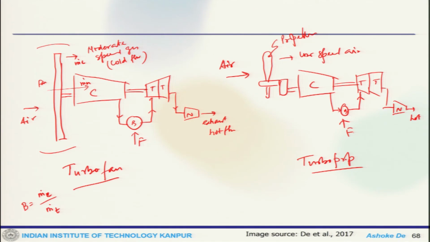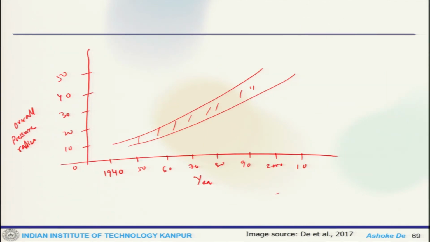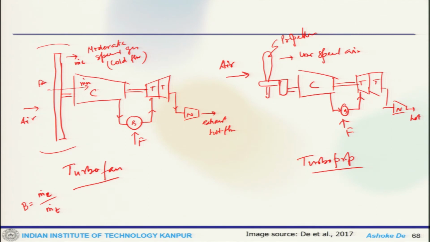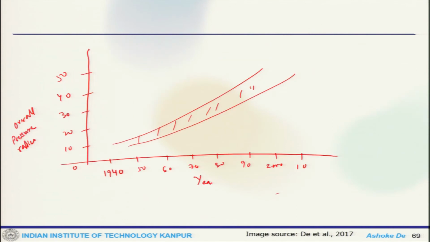Typically in civilian aircraft, the turbofan engines are high bypass ratio engines. So, there the major component of the thrust is generated from this cold flow, whereas if you look at fighter aircraft, they have low bypass ratio engines, where the primary air goes through the core of the engine. So, most of the thrust is generated in the core of the engine.